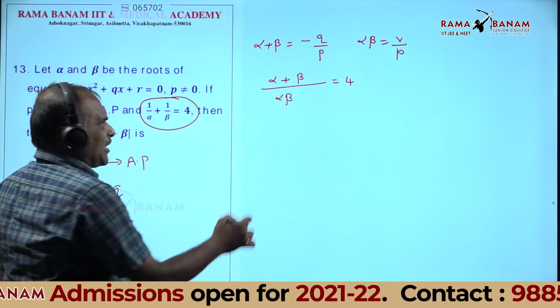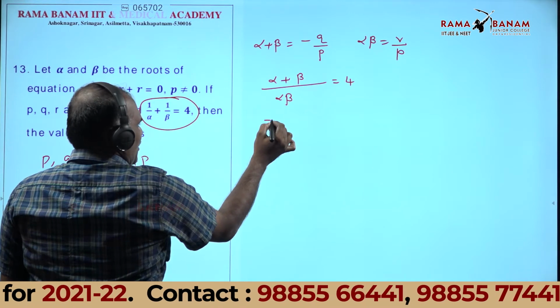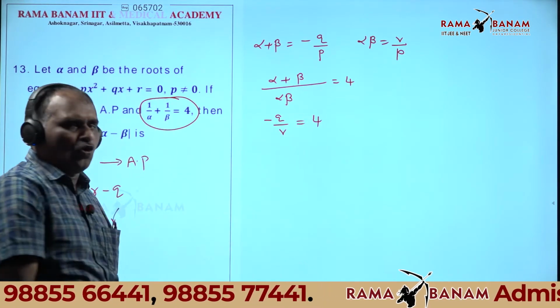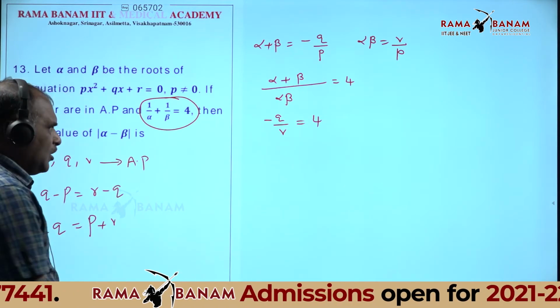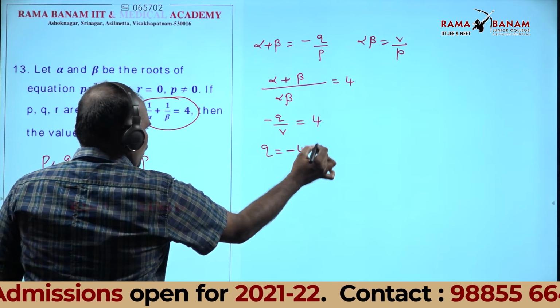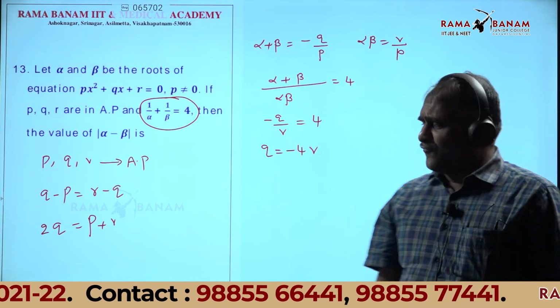Both can be divided. What is cancelled? P cancels, minus q by r is equal to 4. What is q equal to?